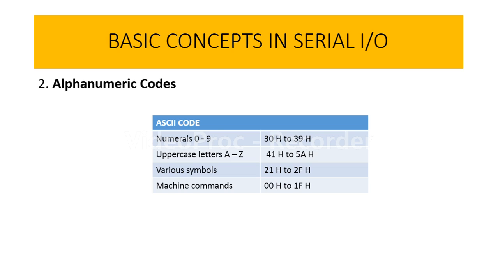Here I have tried to show you the ASCII codes we are going to use, like numerals 0 to 9, which we show with 30 hex code to 39 hex code. This is the range which shows the numerals 0 to 9. Similarly, we can show uppercase letters, various symbols and machine commands.